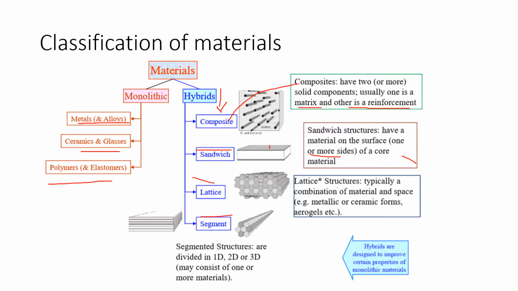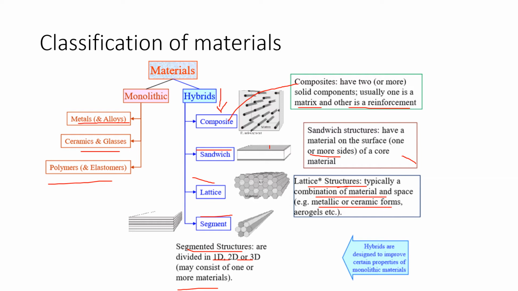Lattice structures are typically a combination of material and space, for example metallic or ceramic foams. Segment structures are divided into 1D, 2D, 3D, and may consist of more materials. Hybrids are designed to improve certain properties of monolithic materials.